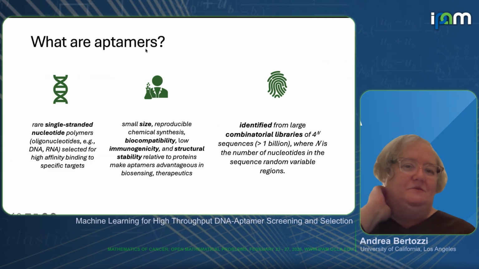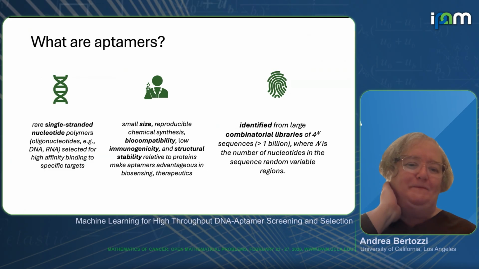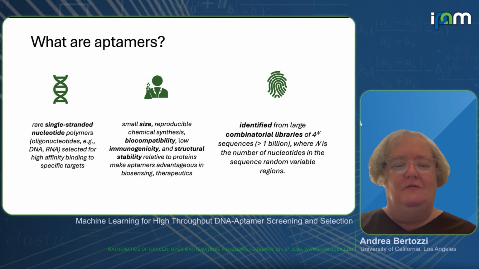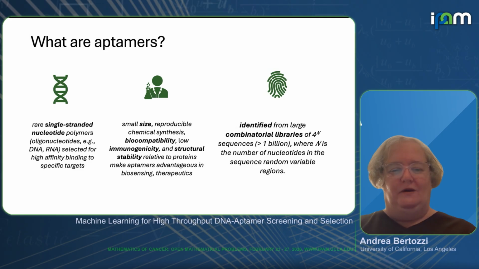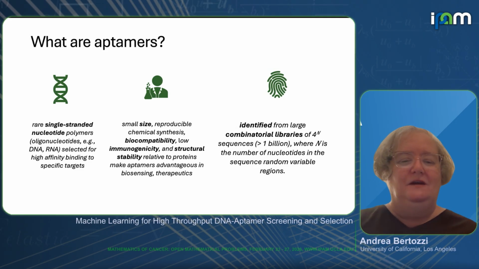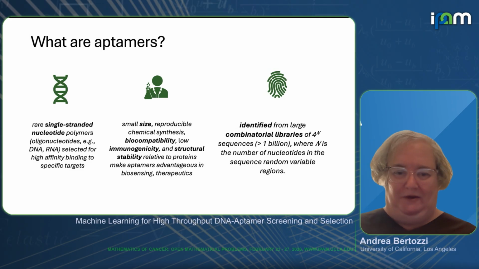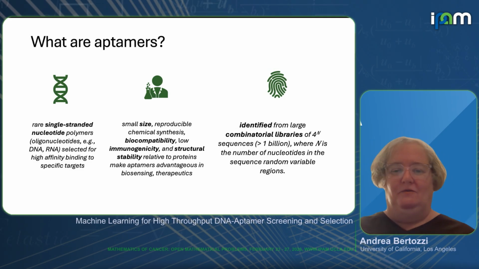All right, so what are aptamers? Aptamers are single-stranded nucleotide polymers. They're basically a single strand of DNA or RNA. We've been working with DNA primarily. And they're chosen, designed, selected, however you want to call it, for high affinity of binding to specific molecular targets. Also selectivity. If it binds to everything, it's not really going to help you that much because you don't know what it's binding to.